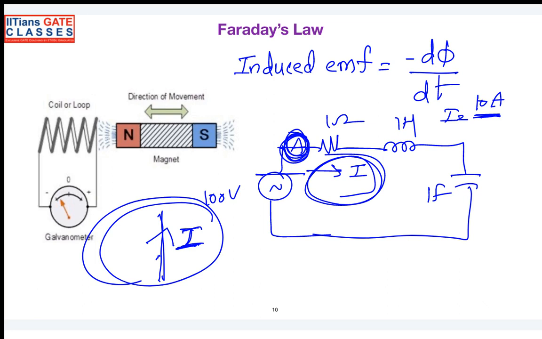So you understood now what Faraday's law is? Whenever there is a change of flux with respect to time, you are going to get an additional induced EMF. So in other words, when you go for time varying fields, your Kirchhoff's voltage law will not be applicable. Is my statement correct?